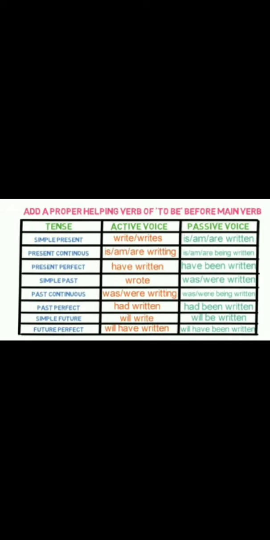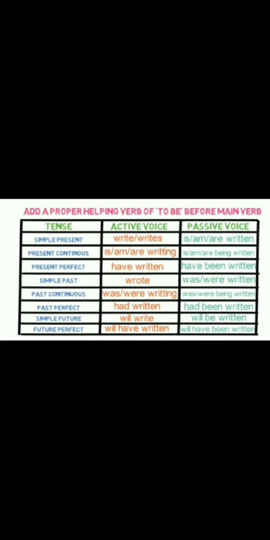Now we have covered all 8 tenses, how to change from active to passive, including interrogative sentences and negative sentences as well. Children, look at this chart carefully. Here you can get all the changes we need to remember while changing from active to passive voice for all 8 tenses.